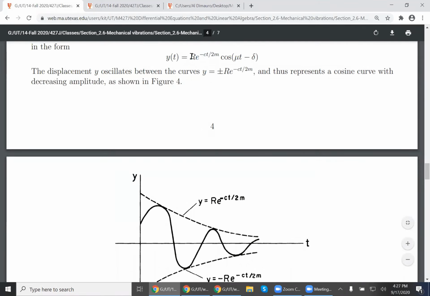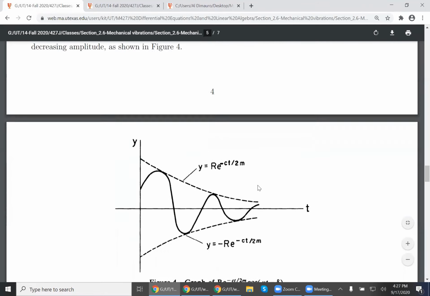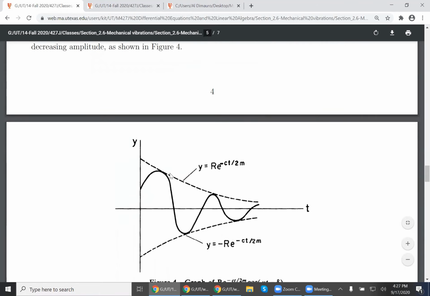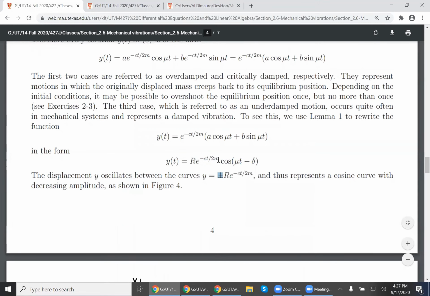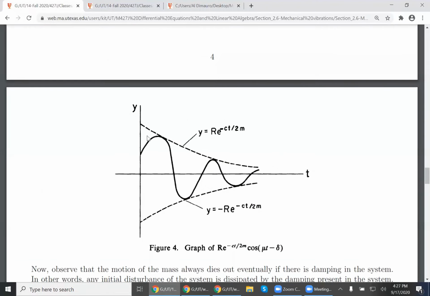The graph of negative r times this is over here. So the graph of function y of t oscillates between these two curves. Note that indeed when t goes to infinity, this portion goes to 0. And thanks to the cosine component, our curve goes from here to here.